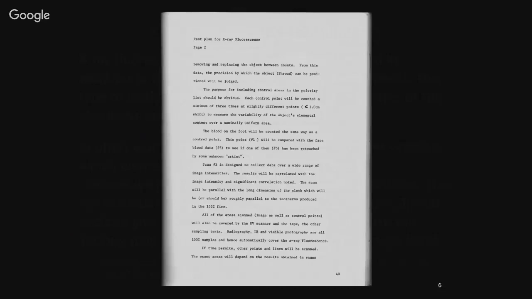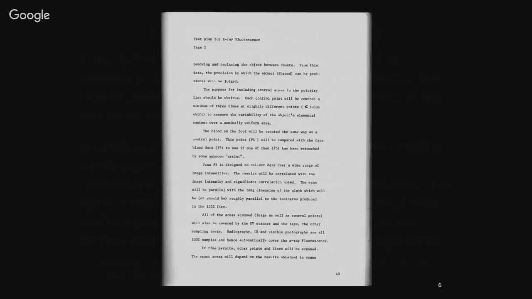So before they actually began working on the shroud, they used a test sample that had known elements. They put it in and did a test, they removed it and did it again, 10 times. And the purpose was to calibrate the instruments and to be certain that we were getting an accurate count of what information might be there.